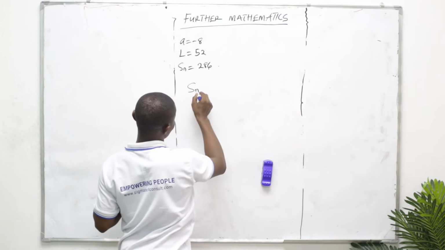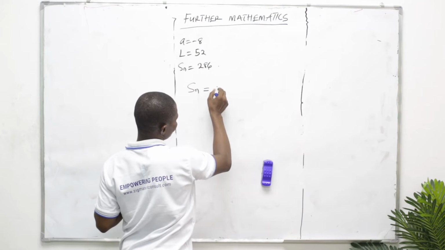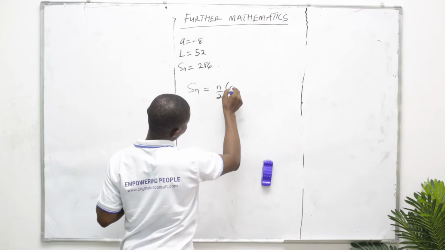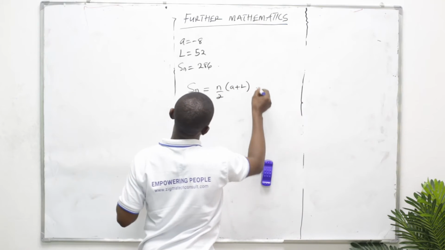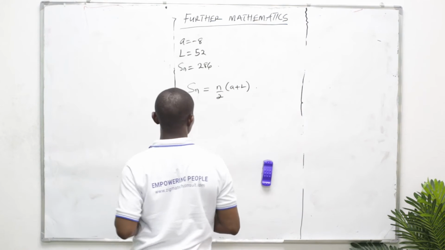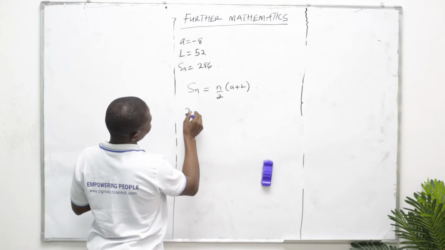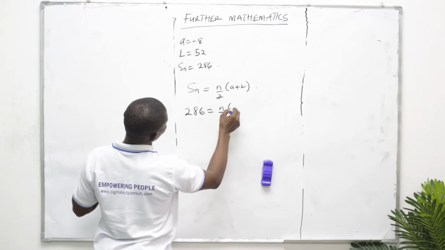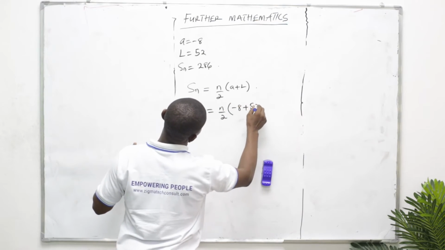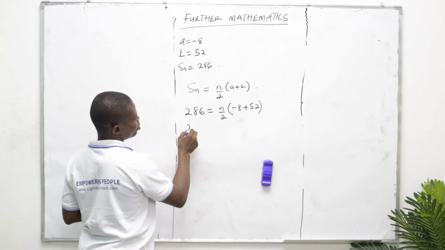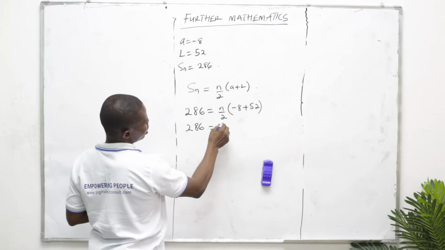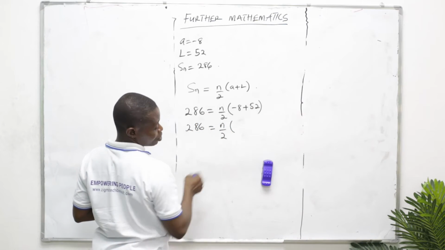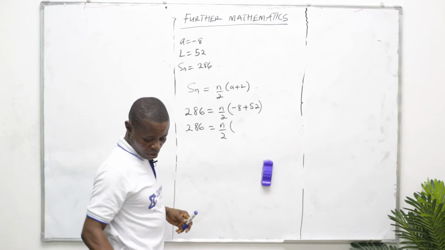I have to let you know that Sn, recall, equals n all over 2 into a plus l. If you have this, it means you don't even have any problem here. This is 286 equals n all over 2 into minus 8 plus 52.